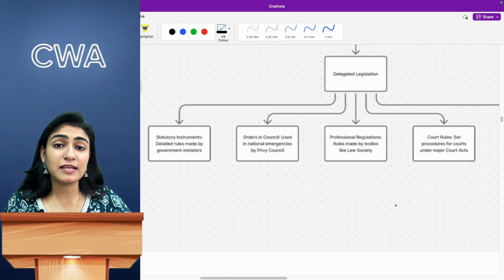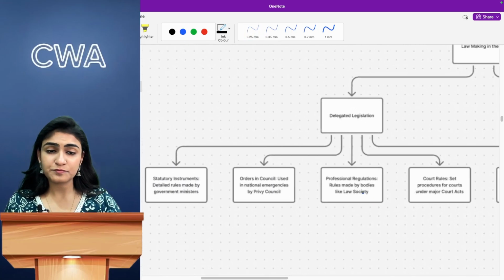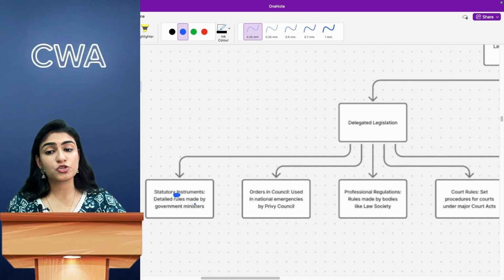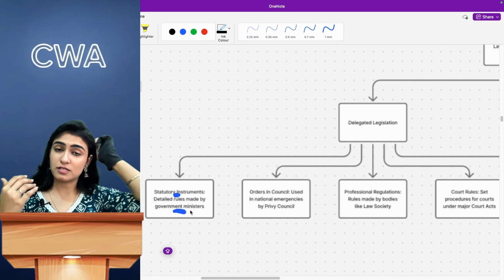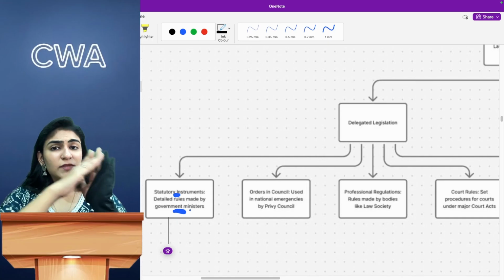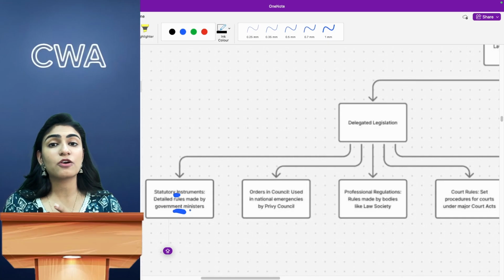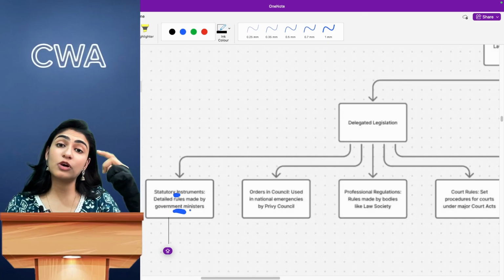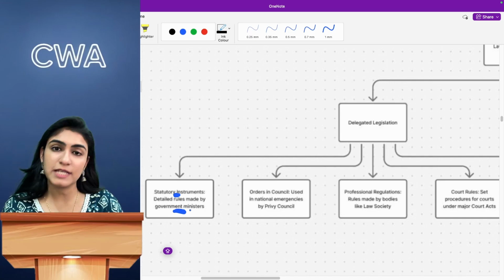Delegated legislation, however, has a few branches to it. The very first branch of delegated legislation is statutory instruments, where detailed rules are made by the government and ministers. See, government and ministers and everyone is sitting there, but you cannot expect them to also run the country, look after the affairs of the country, and also make rules and regulations.